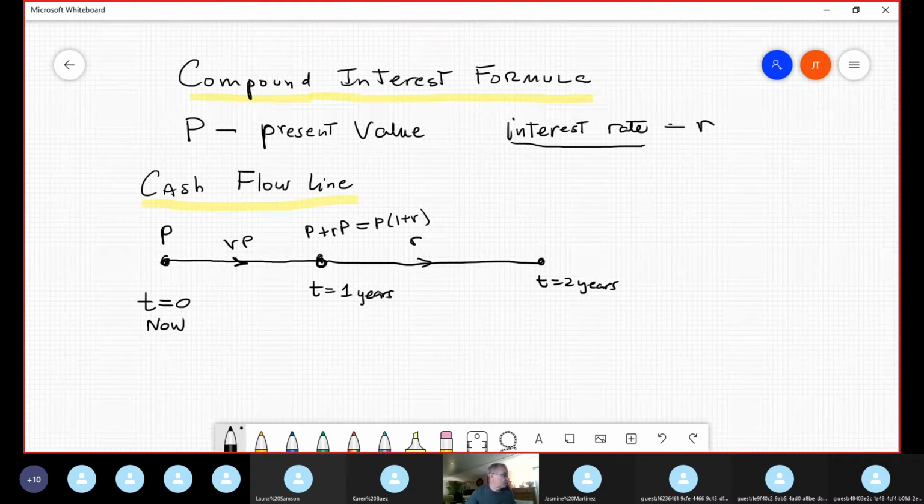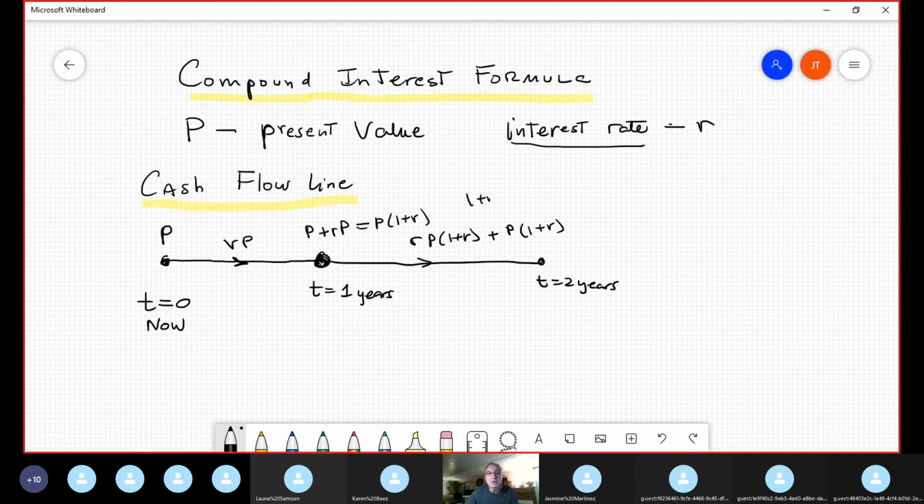This money is P(1 + R) plus the money that you have from the previous period. Now factorize: (1 + R)P times (1 + R), which is P(1 + R) squared.